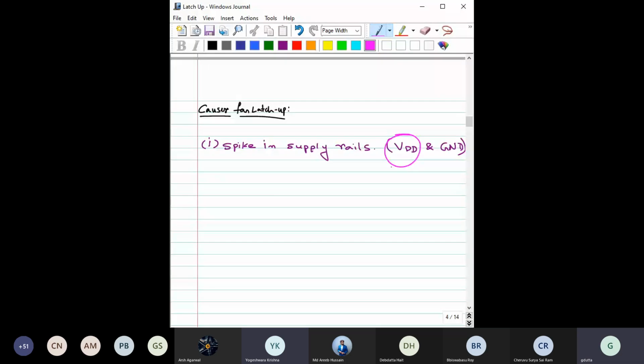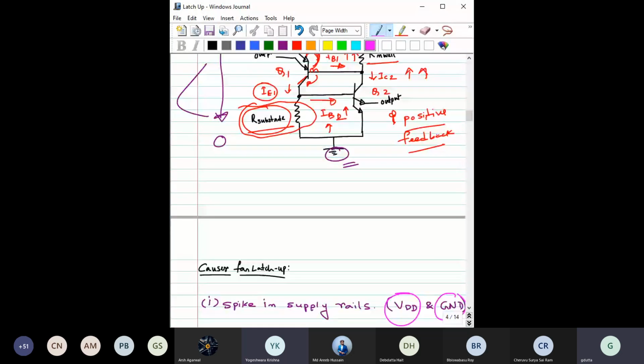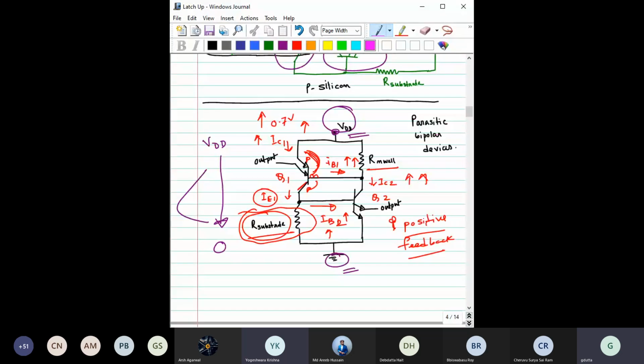The same situation can also be explained in terms of ground, because if you come back to this, see here, this is the base to emitter junction, right? If this ground potential has gone below by 0.7 volt by some spike, then what will happen?